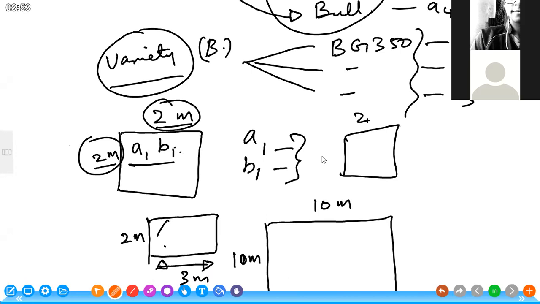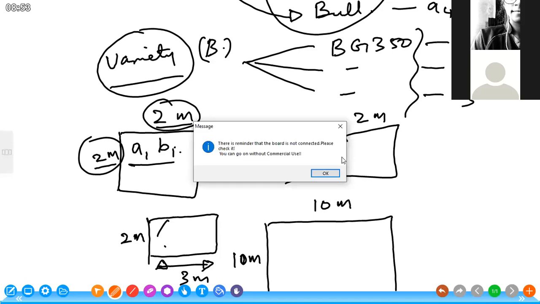In 2 into 2 meter, how many paddy plants can you plant? What is the spacing? If it is transplanted, what is the plant density? Between 2 plants, 5 centimeters?